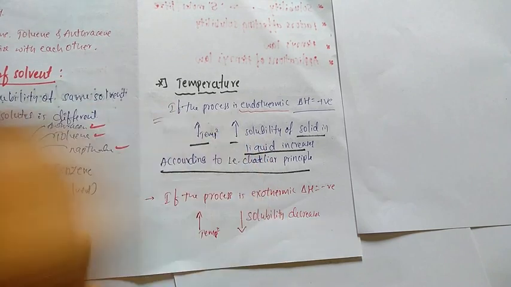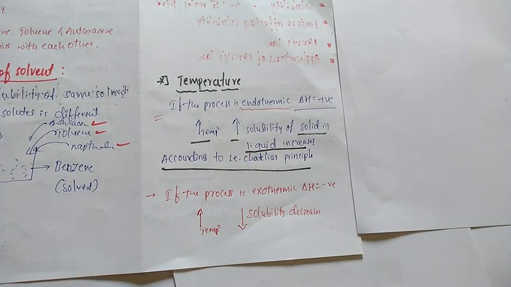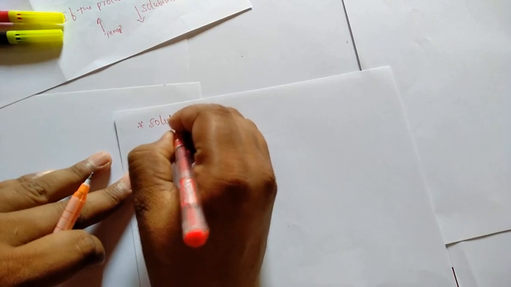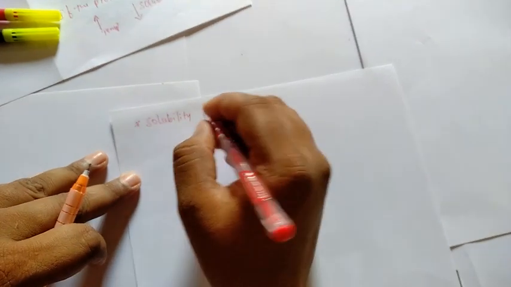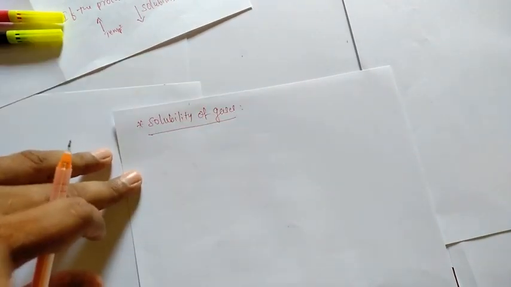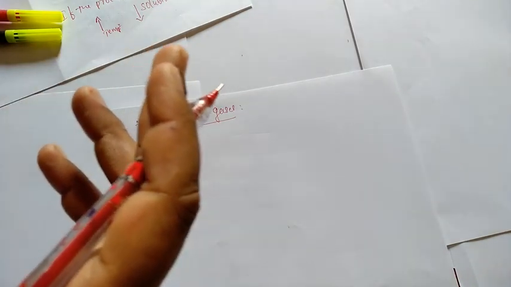But this one is important, students. So this is about temperature, the factors affecting the solubility of a solid in a liquid. And one more thing, the solubility of gases, which also comes under temperature.